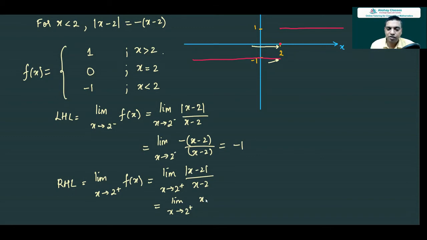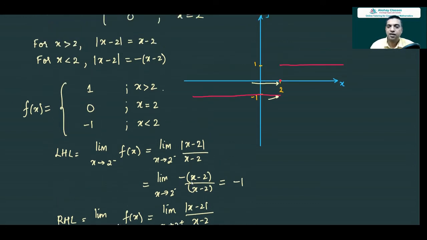So this will be positive. Upon the same positive number, you get plus 1. So here you see, as x approaches the value 2 from values greater than 2, 2 plus, the function is throughout a constant equal to plus 1.